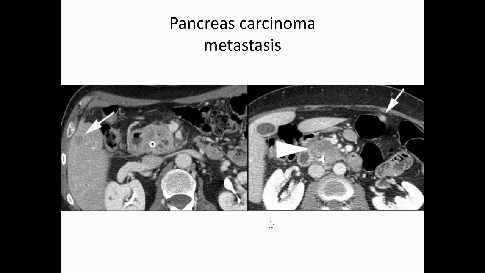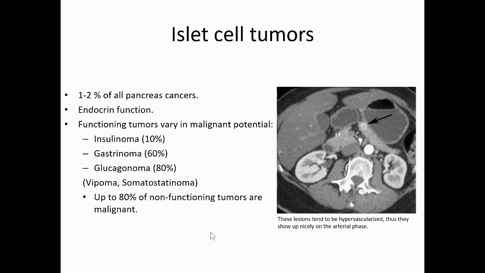And the power of CT is that we can not only visualize the pancreas, but we can visualize hepatic metastases or peritoneal deposits, which will make surgery unnecessary. There are other type of tumors in the pancreas, but they are quite rare. The islet cell tumors, which can or won't have any endocrine function, and depending on the type of tumor that we encounter, the malignant potential differs.